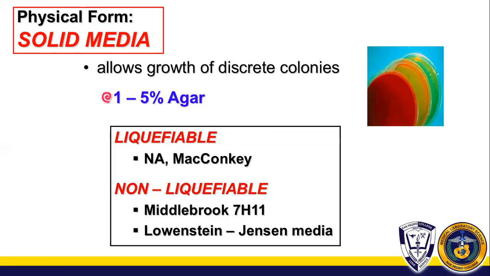Therefore, we do not reheat or remelt culture media such as this. After preparing them, they should be plated at one time. We cannot reheat or remelt them again, as this will destroy the additives, which are high protein components of this culture media.